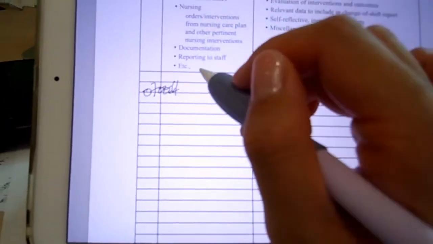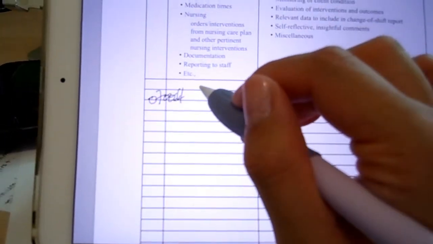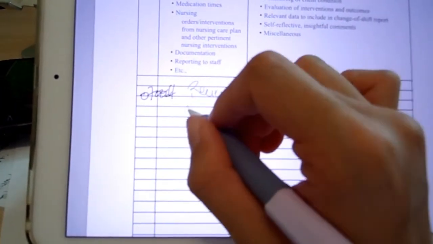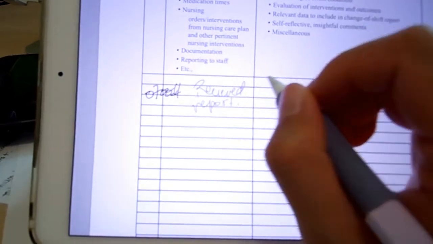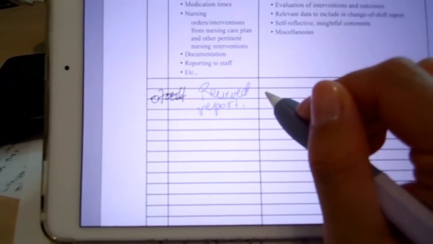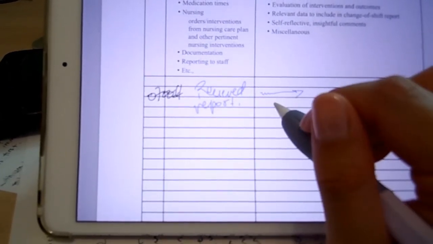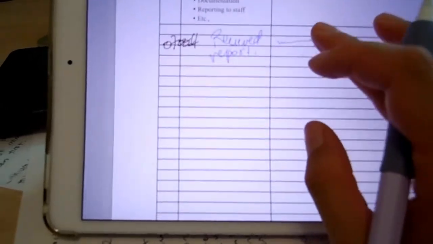Then I would be writing in what I'd be doing at that time. So I could just say that I would receive report, and then I would just say maybe what I'm going to be looking for when I'm getting report and what information I'll be writing down.